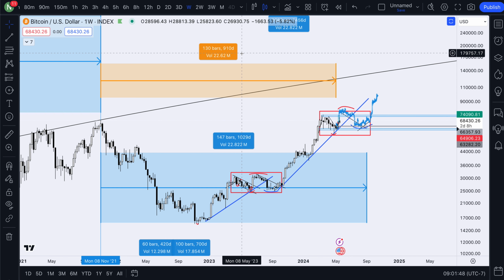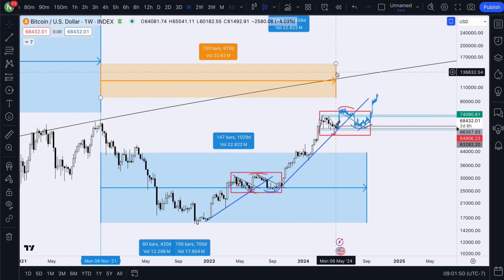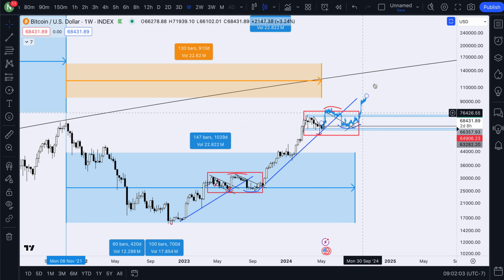So if we're at 910 days right now, we can expect 80 to 120 days of this going on, the pump, dump, consolidation, resumption, before our major continuation starts.